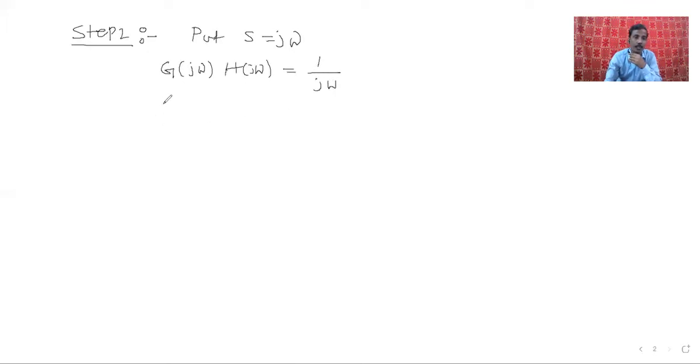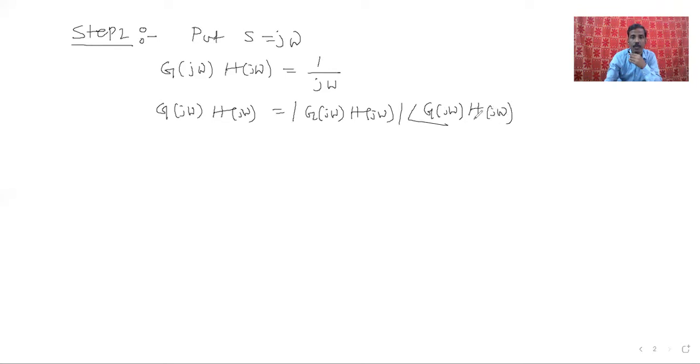G(j omega)H(j omega) has a magnitude and an angle. For a sinusoidal input, the magnitude is denoted by M and the phase angle by phi. So this is the magnitude and phase angle for the polar plot.